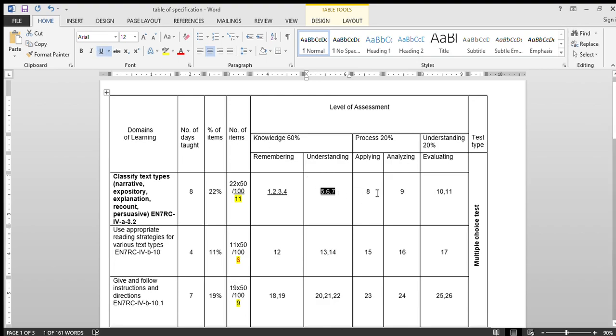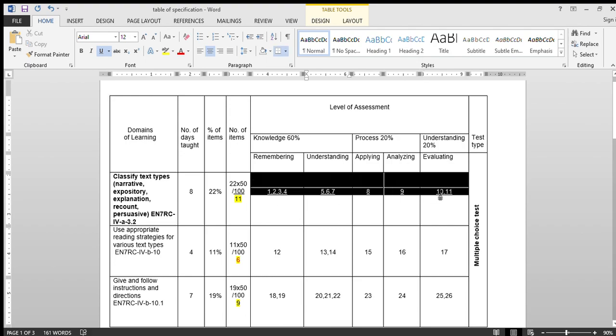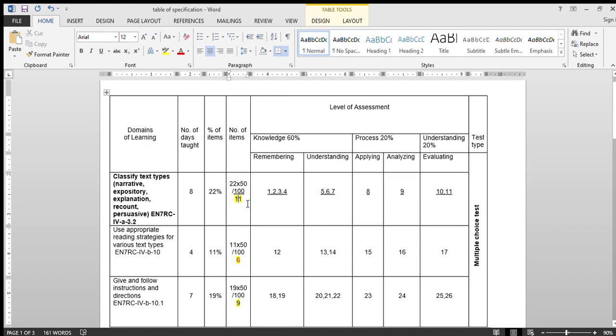For applying, I have here the number 8. For analyzing, I have here the number 9. And for evaluating, I have here number 10 and number 11. To solve this, you are just going to follow the number of items, which is 11.